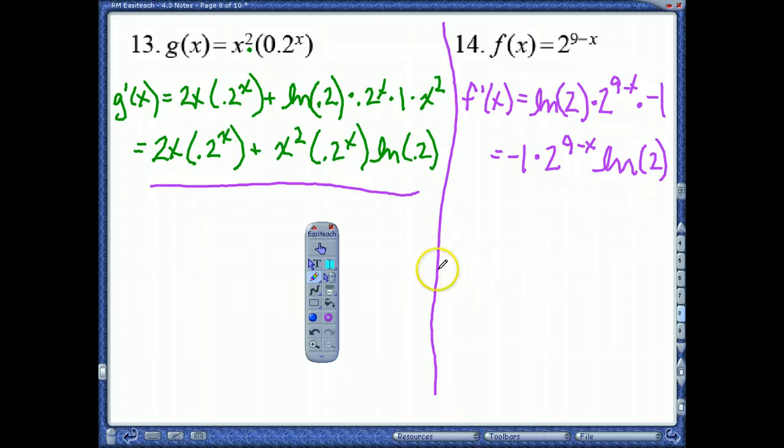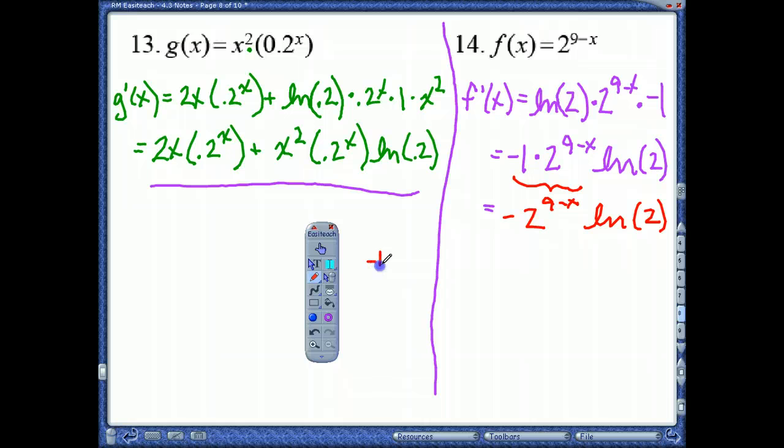Okay, now something I want you to be aware of. Your negative 1, I can rewrite this, because negative 1 times 2 to the 9 minus x power is actually this guy right here. But I don't want you to think that we actually multiplied the negative 1 and the 2 together, because we did not. But remember, 1 and negative 1 are a little bit different.